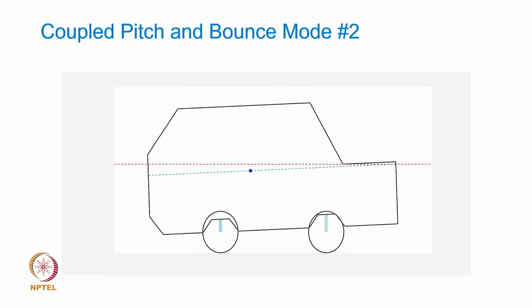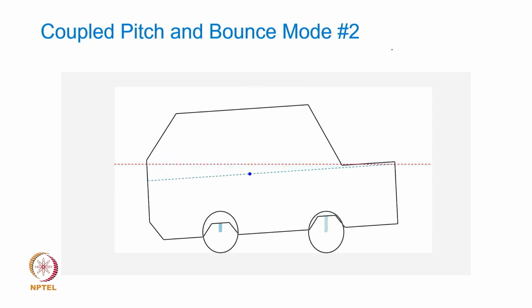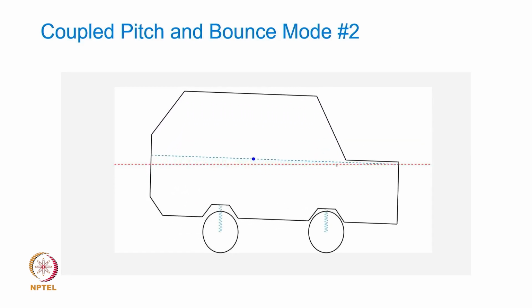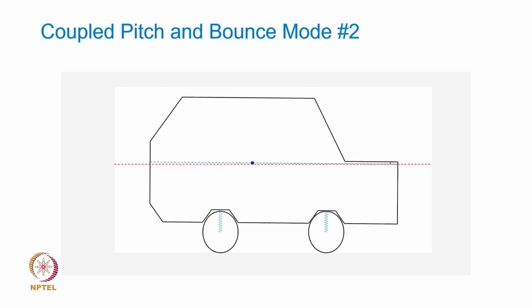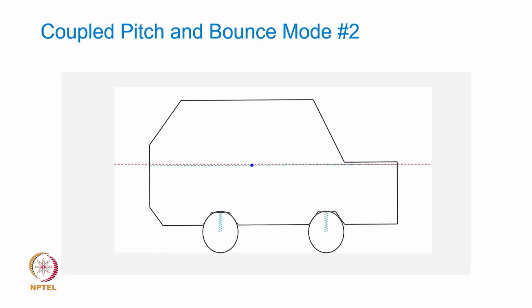This is the motion wherein the motion is predominantly bounce. So, you can see that the angle is much smaller as compared to what the earlier mode was looking like.